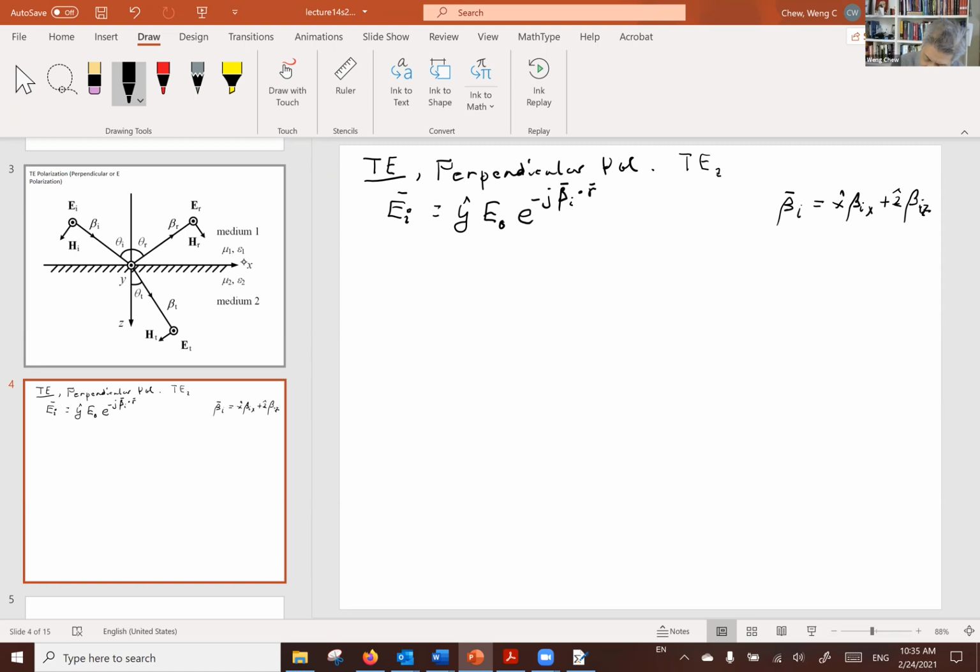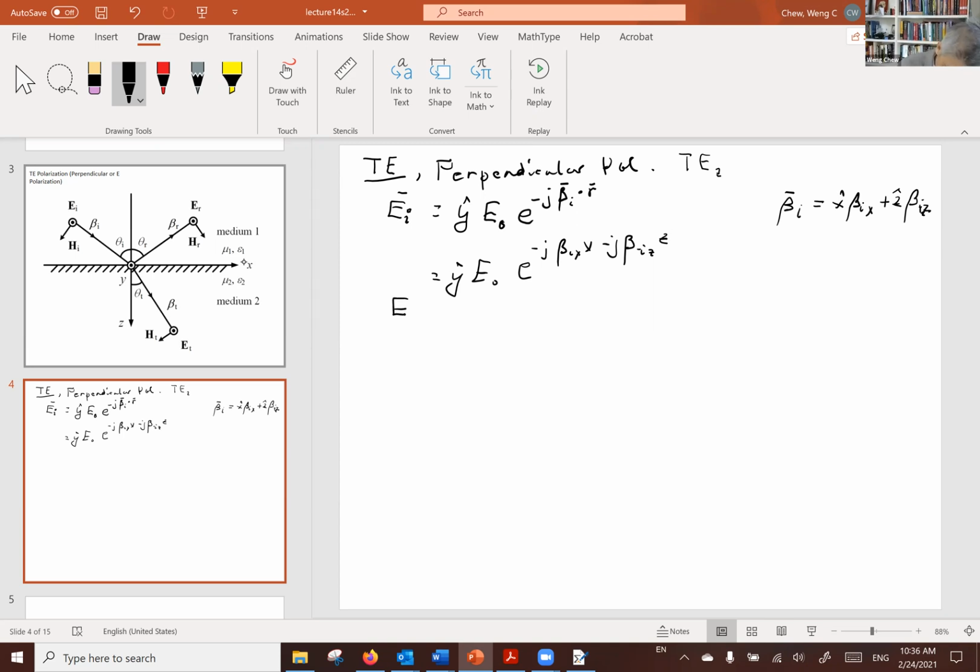That's how beta I looks. If you substitute that in and do the dot product in the exponent, plugging in the proper components, I get this to be my field in region 1 for the incident wave.